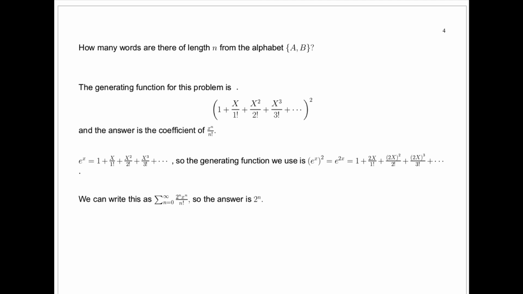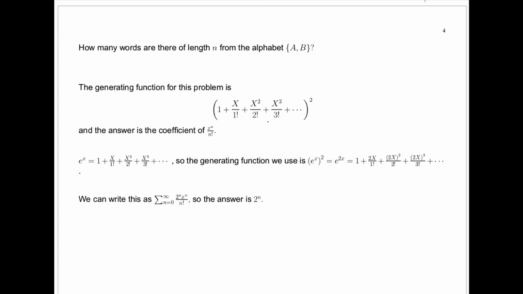Well, the generating function for this problem is just, again, what we call an exponential generating function, 1 plus x over 1 factorial plus x squared over 2 factorial plus x cubed over 3 factorial, etc. We'd have a factor like that for the A, we'd have another factor like that for the B, so we're going to take this whole thing and square it, this power series. The answer we want is the coefficient of x to the n over n factorial in this resulting expansion.